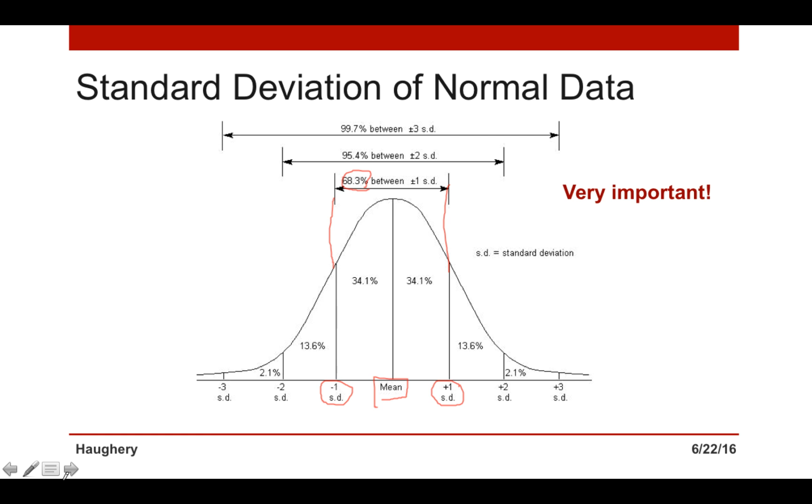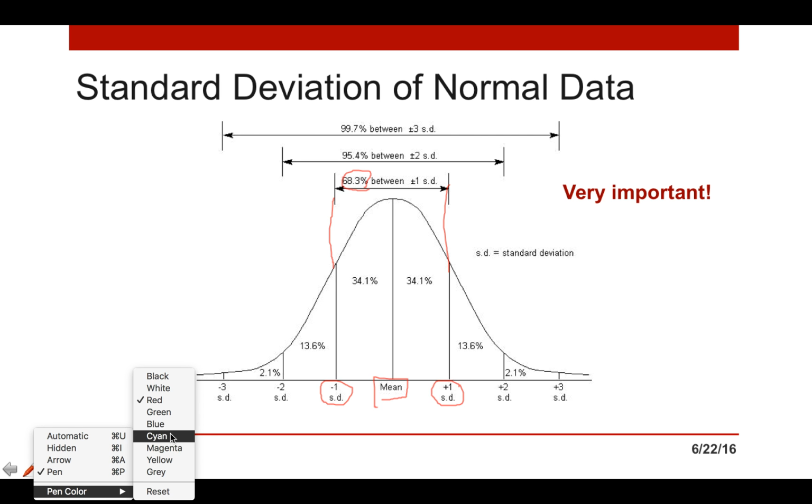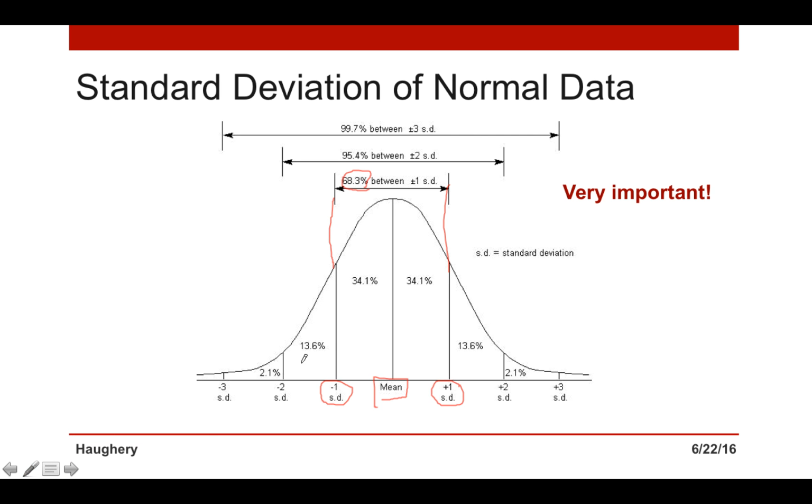If we say, change colors here, plus and minus 2 standard deviations, so we have the mean plus 2 standard deviations and the mean minus 2 standard deviations, roughly 95% of our data will be between plus or minus 2 standard deviations from the mean. So we'll get 95% of our data between these two values.